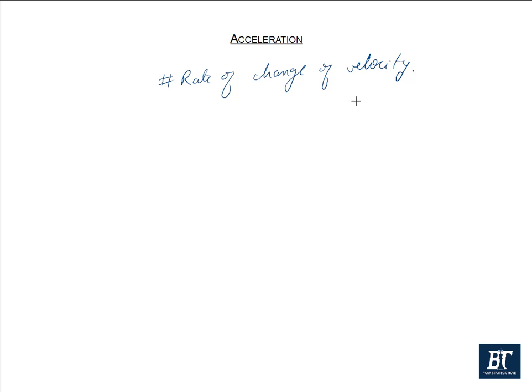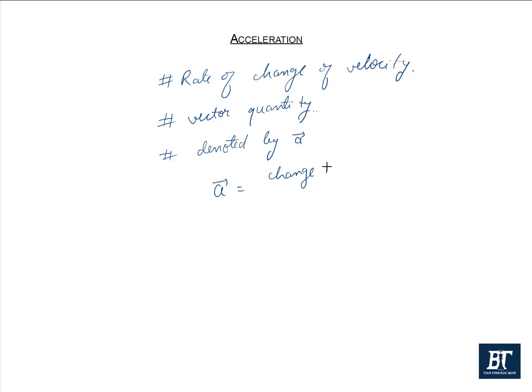So the rate at which velocity is changing is called the acceleration of that particle, and it is a vector quantity, and it is denoted by vector A.